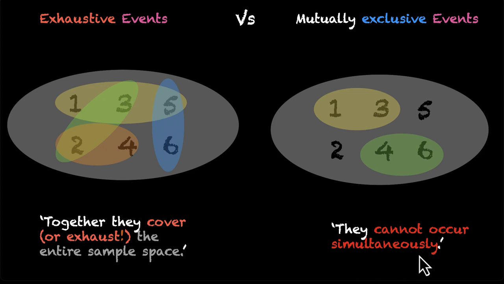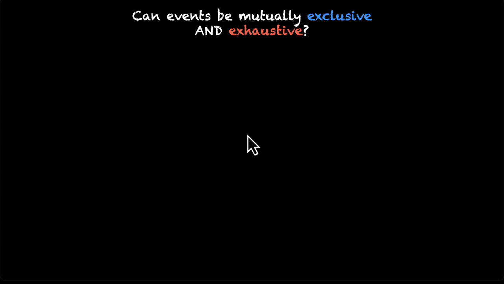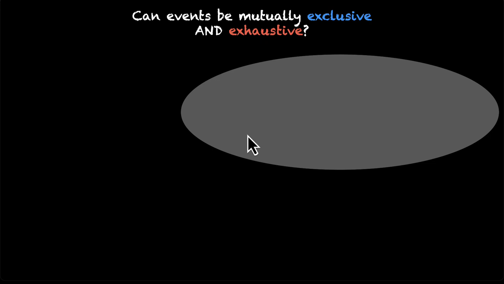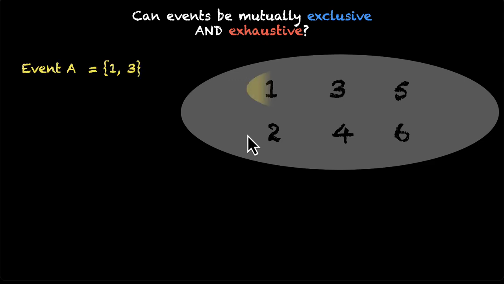And now you might be thinking, can events be both mutually exclusive and exhaustive? In fact, that's the question that we'll cover next. Let's do this with an example. Let's say this is our sample space, and we have 1, 2, 3, 4, 5, and 6. These are our sample points. Let's get some events going on. Event A is 1 and 3.